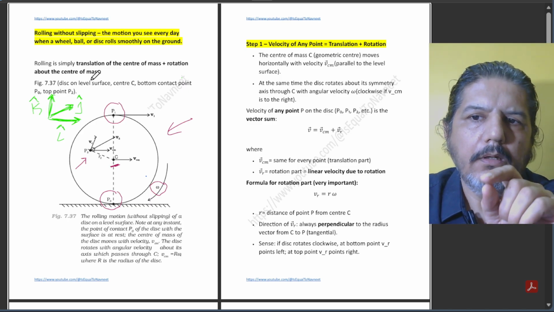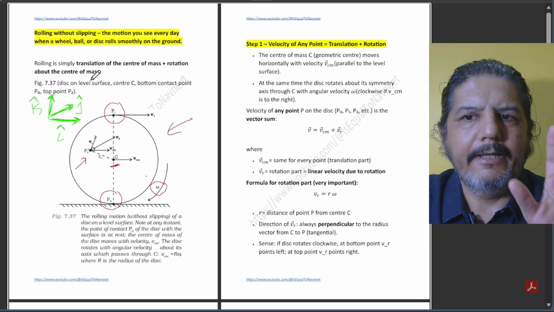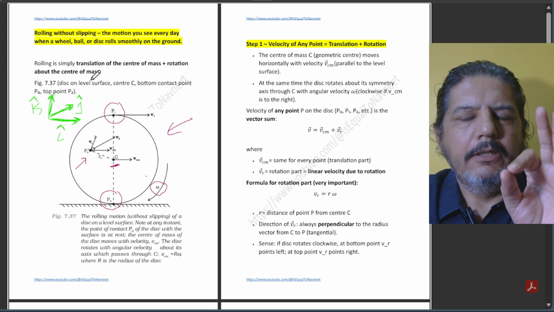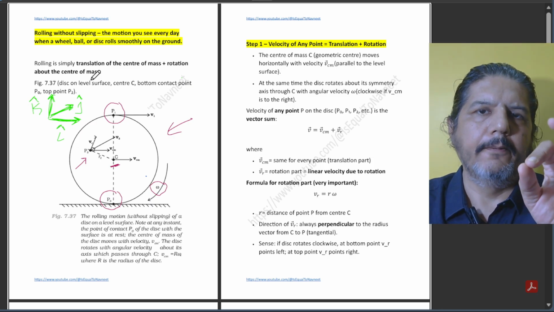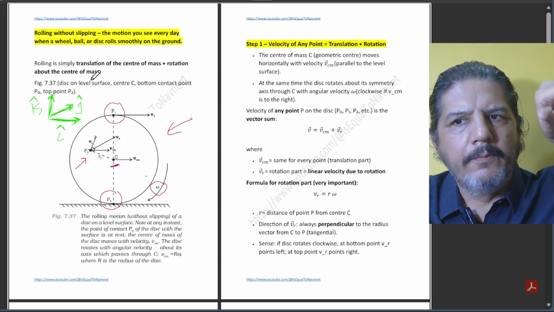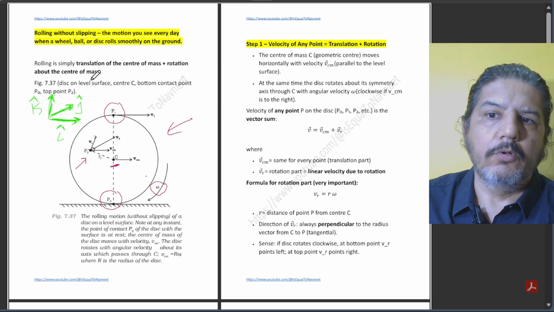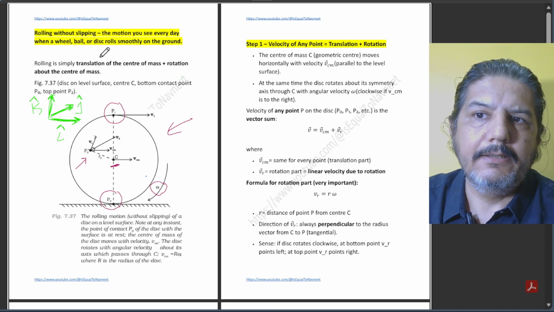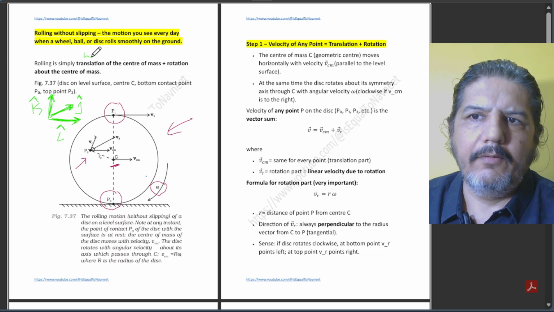In our case, you need to understand very clearly that the angular speed of this wheel, of this disc, the magnitude is omega, but the direction of that angular speed is given by the right hand rule, and it points inside the screen. So if you have to write the omega vector, it can be written as omega j.